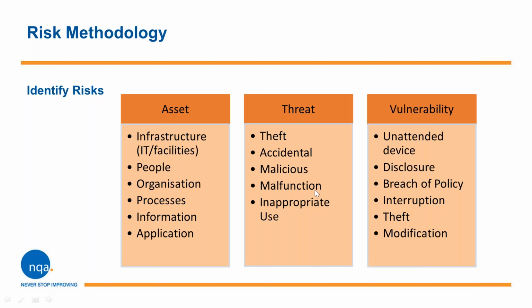The presence of a vulnerability does not in itself cause harm, as there needs to be a threat present to exploit the vulnerability. A vulnerability that has no corresponding threat may not require the implementation of a control, but should be recognized and routinely monitored for changes.